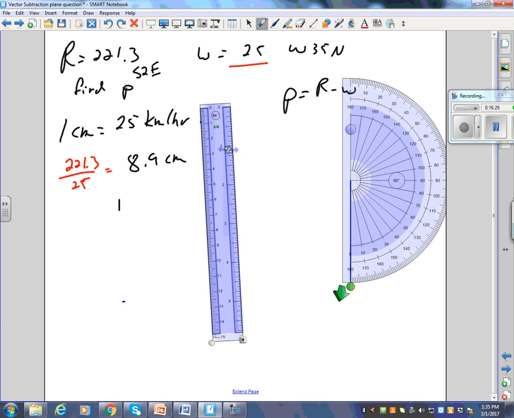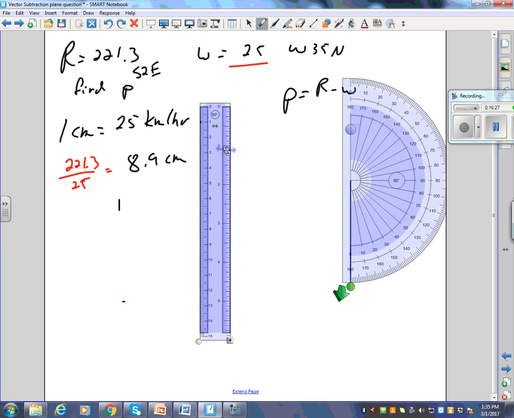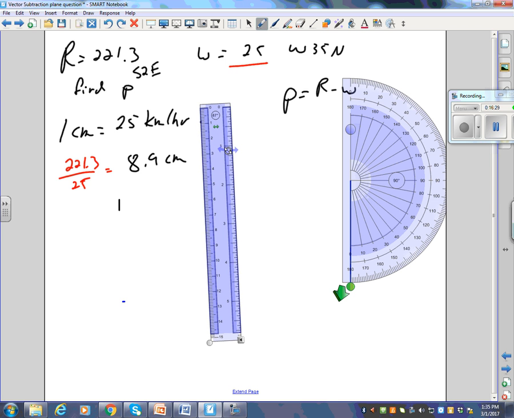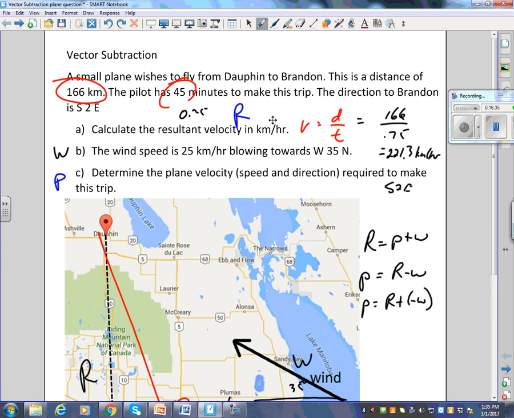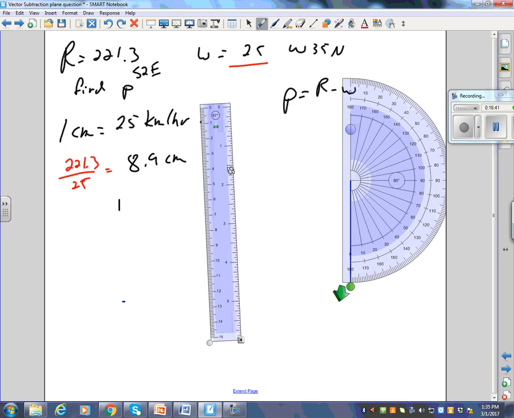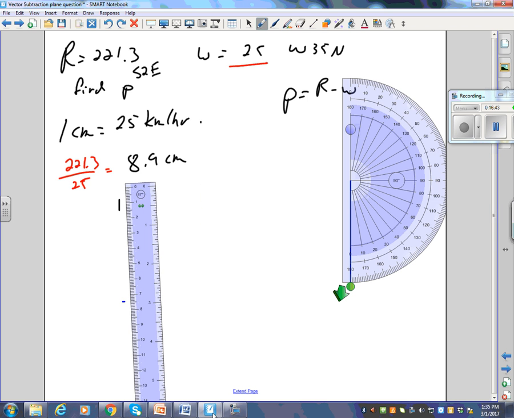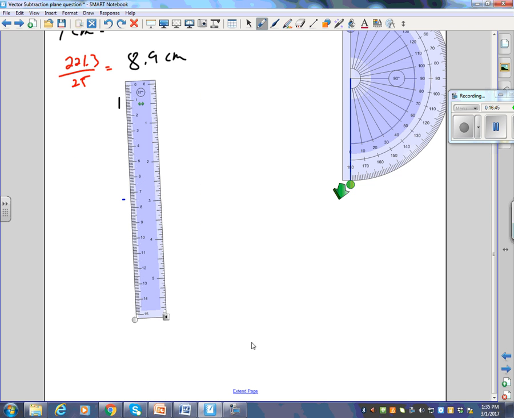Isn't that going south though? Yeah. Okay, so east. South to east, Zane. Look at the question. South to east, right? South 2 degrees east. South 2 degrees east. So wouldn't it be over? South, east. East is to the right.